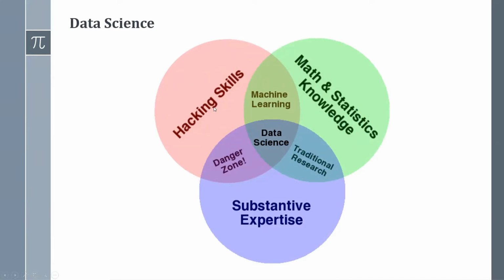You need coding skill for sure, yes. Also, you need to know math and statistics, and you need to know the subject matter. Let's say if you're going to work in a particular industry, you need to know about that industry also. So when you combine all three, that is data science.